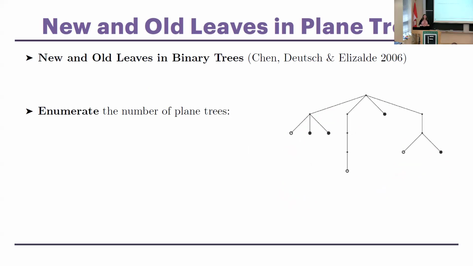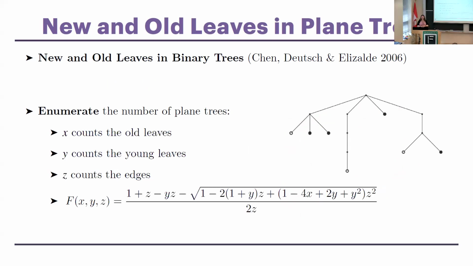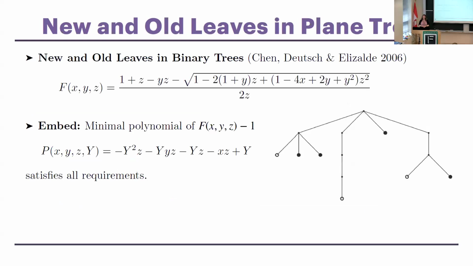We want to enumerate the number of these trees where X counts the number of old leaves, Y counts the number of young leaves, and Z counts the number of edges. And now we again get an algebraic generating function. I chose this example because my other ones were all bivariate, but we do actually have non-bivariate examples as well, and it works the same way.